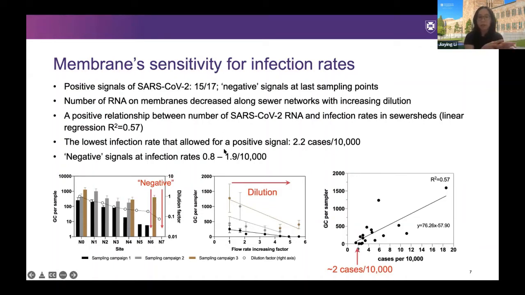For the other 2 samplers where the infection rates were below 2 cases per 10,000 people, like 0.8 and 1.9 per 10,000 people, we were not able to detect any signals from those samplers. So this suggests that 2 cases per 10,000 people could be the lowest infection rate that allows us to detect signals from the membrane.